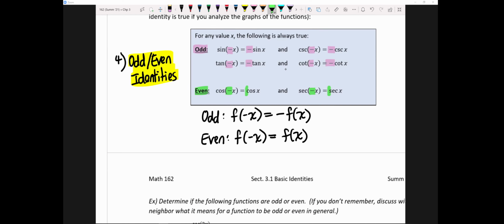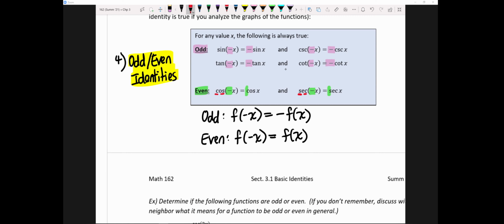So cosine and secant are even. The rest of the trig functions are odd. Cosine and secant are the two functions where, when you switch the c and s, you get its reciprocal, secant. That reciprocal pairing, those functions are even.